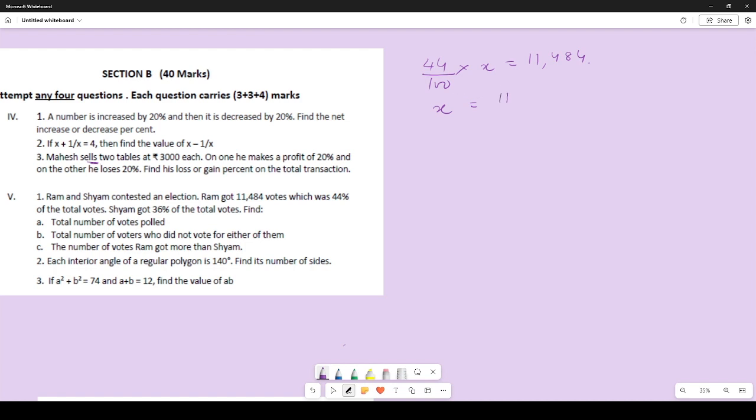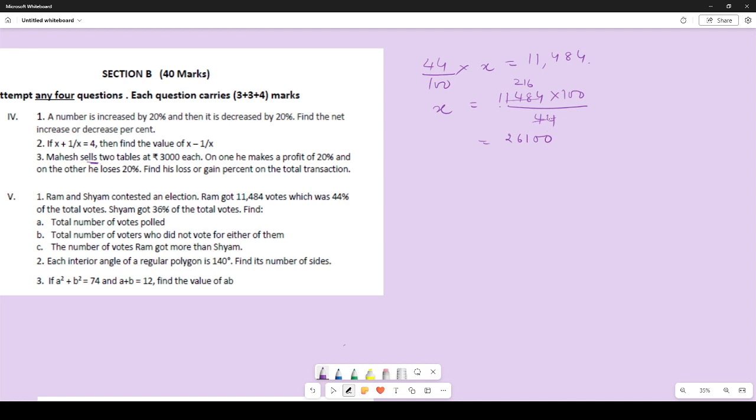So 11,484 into 100 by 44. When you calculate it, you will find that the total number of votes were 26100. It is all divisible by 11, and you get 26100 were the total votes polled.